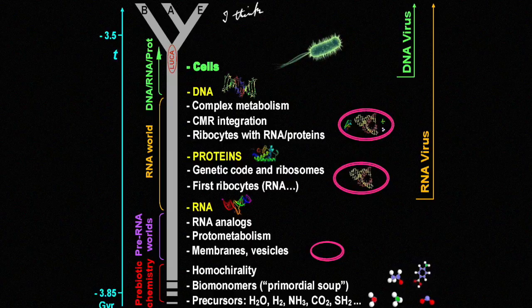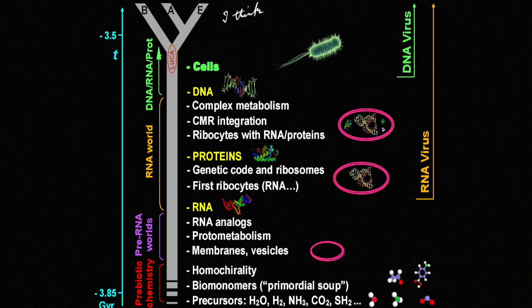I will not go into details of this scheme, but probably RNA analogs came first, then RNA, the first ribocytes, so cells containing RNA, genetic code, ribosomes allowed the advent of proteins, so ribocytes with RNA plus proteins, compartment, metabolism, replication, integration, which is essential for life, as I told you. Perhaps this is the origin of life. Perhaps these systems, able to replicate themselves, to reproduce themselves, are the basis of life.